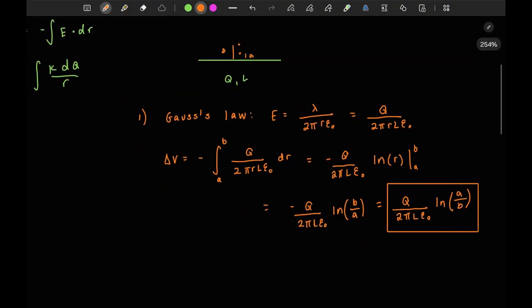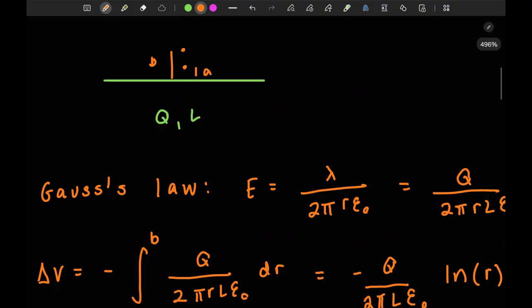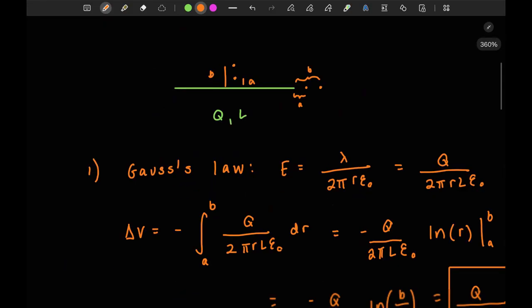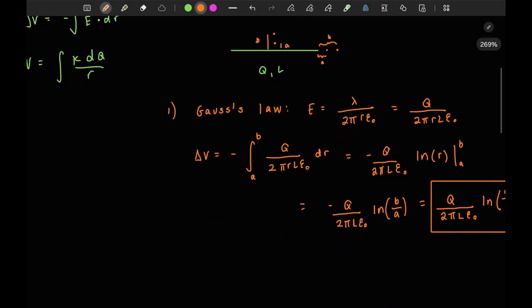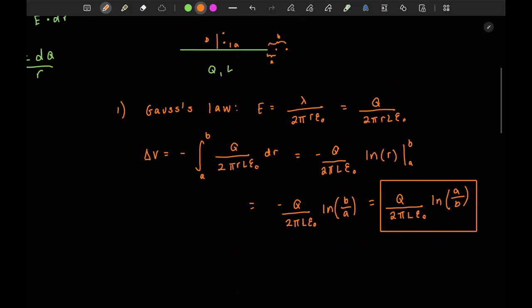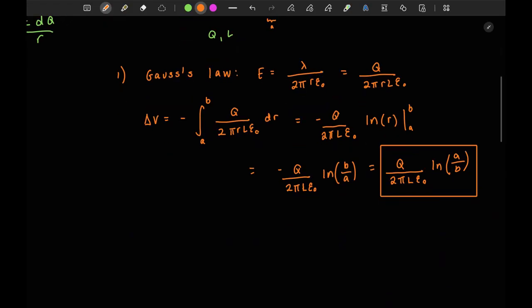But could we use this same approach if we wanted to know the potential difference between 2 points, a distance A and a distance B, away from the edge of the rod? The answer is technically yes, we could use delta V equals minus integral E dot dr. But to first find E, we would need to first evaluate integral K dq over R squared.